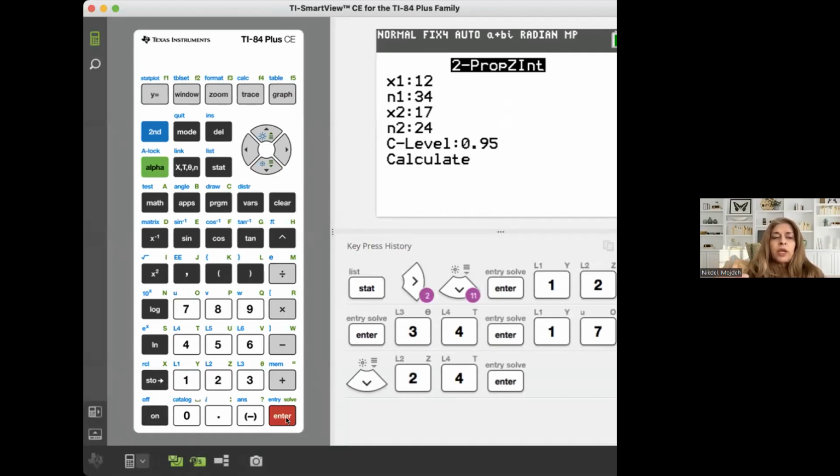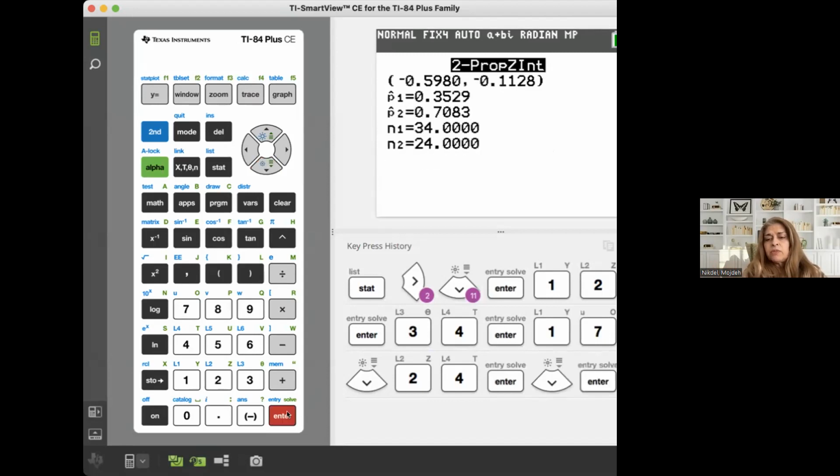Change your 95% confidence level to a decimal, which is 0.95. But don't forget, if your confidence level is 90%, change the C-level to 0.90, or 0.99. I don't have to make any change. Highlight Calculate, press enter. This is your confidence interval.